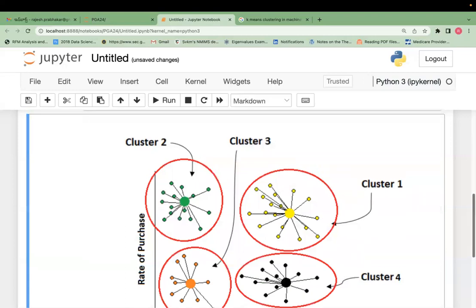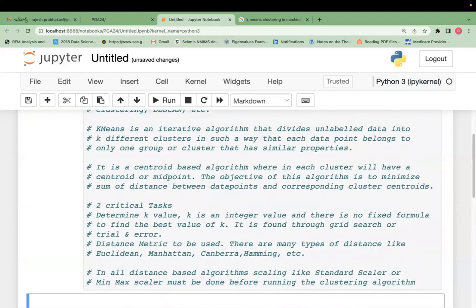So before running the clustering algorithms, like I told you, in all distance-based algorithms, data must be scaled.